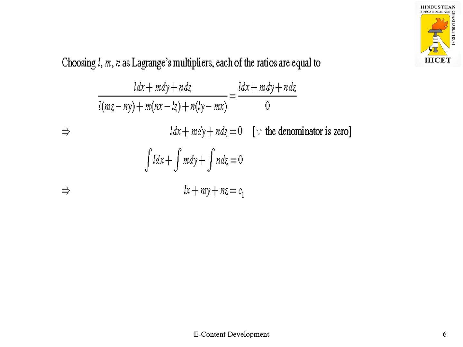So the solution will be the integral of the numerator, l dx plus m dy plus n dz, equal to 0. So what is the integral of l dx? l, m, n are nothing but constant values. So the integral of l dx is lx, the integral of m dy is my, the integral of n dz is nz. That is equal to the first solution.